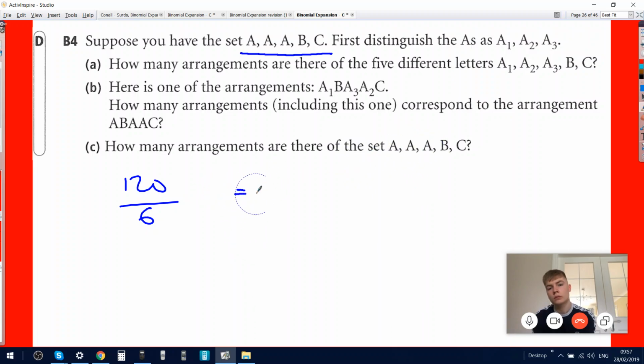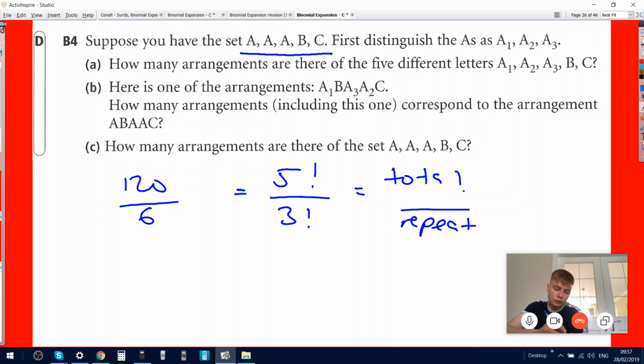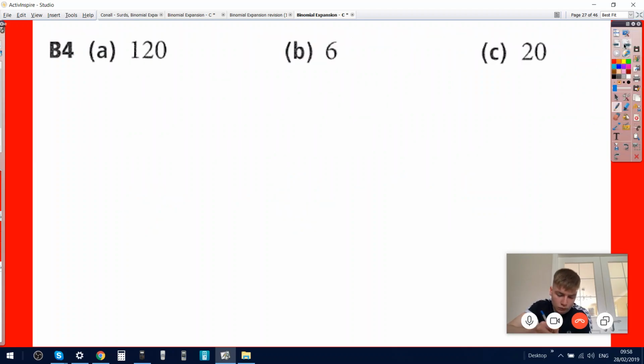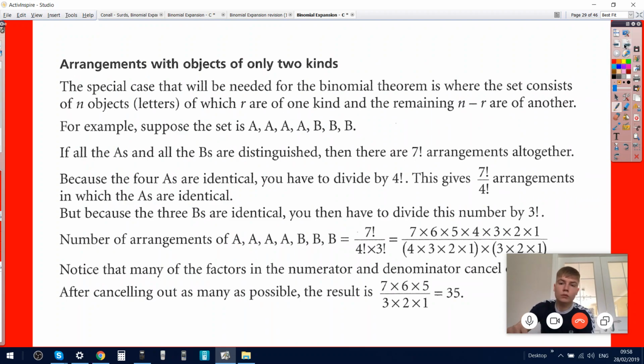So this is the same as 5 factorial, since there were 5 in total, and you have to divide by 3 factorial. So this is total letters, and on the bottom is the number of repeated ones. And if you do this for long enough, it produces a formula.